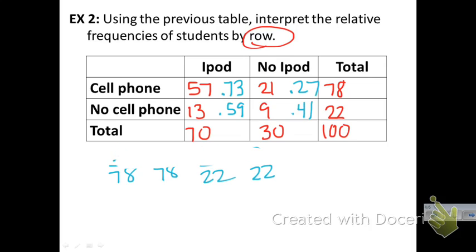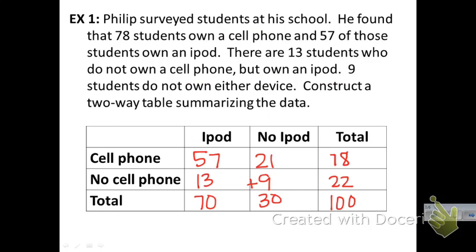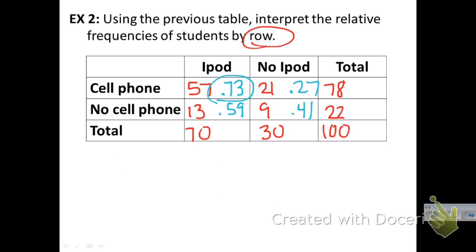Okay, once we have those, it wants you to interpret it. Whenever it says to interpret, we're going to write a statement. So I'm going to identify the greatest relative frequency here. It's that 0.73. Because we went by rows, we're going to start with the cell phone here.